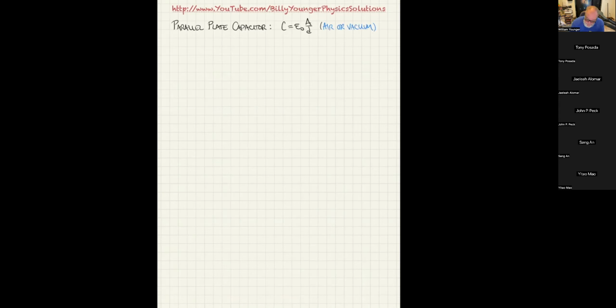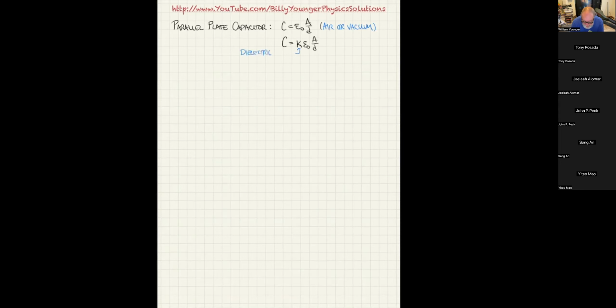If we have another dielectric in it, and again, dielectric is just a fancy word for insulator, then the capacitance becomes K times epsilon 0 A over D, where this K is the dielectric constant.